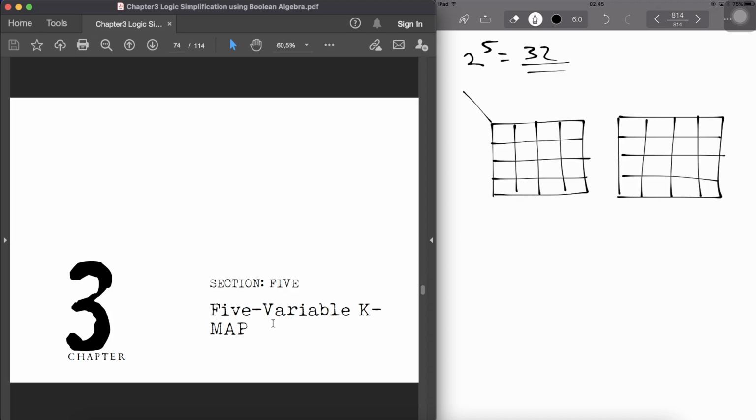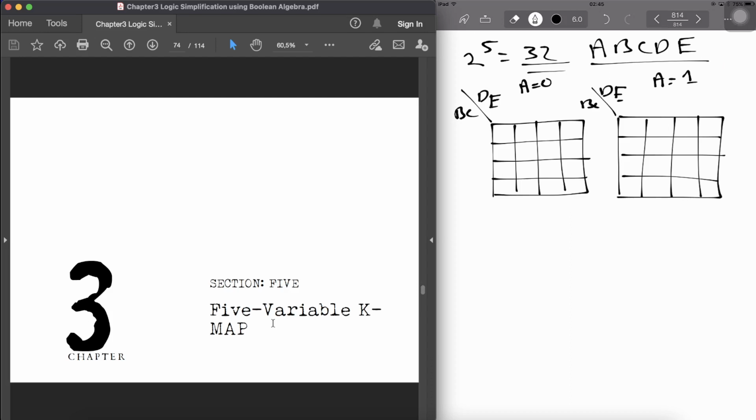Okay, and what is important is, let's say we have A, B, C, D, and E as 5 variables. A on the first one equals 0, and on the second one it equals 1. Then you can write the rest like a 4-variable map.